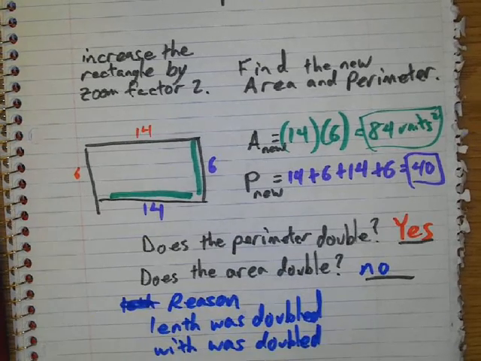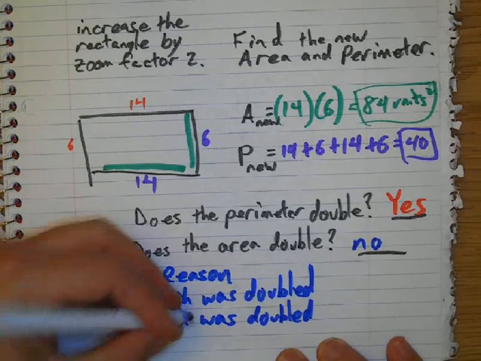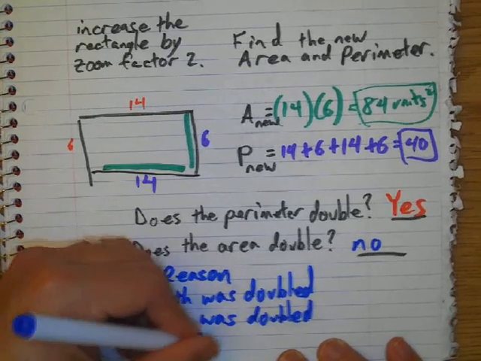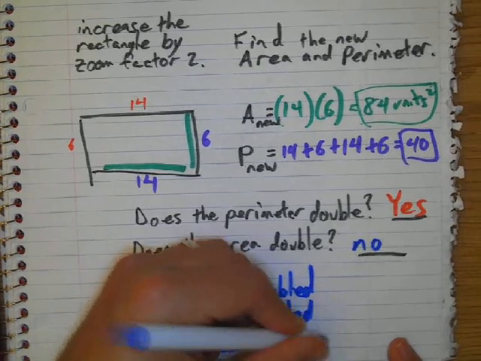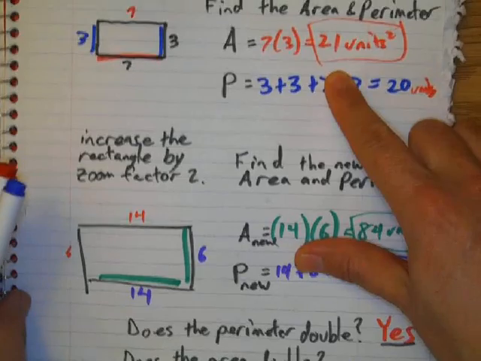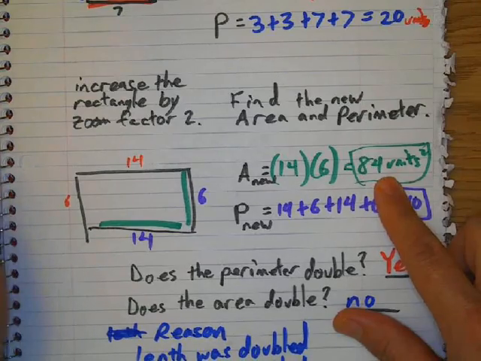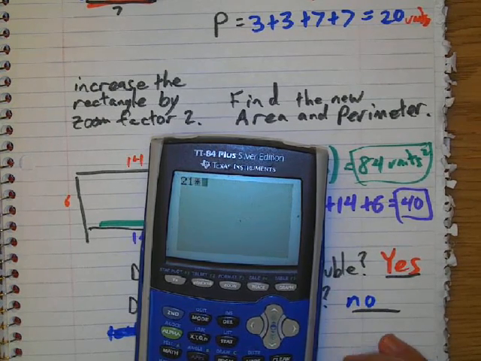So when you multiply a doubled length and a doubled width, you're going to end up with 4 times larger. And let's see if that's correct. Is 21 times 4 equal to 84? Yes, it is.